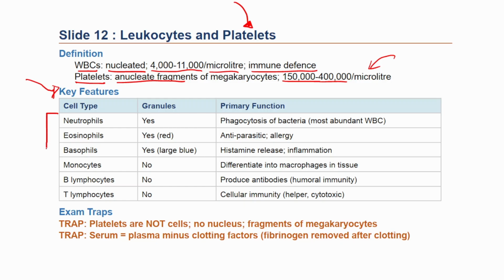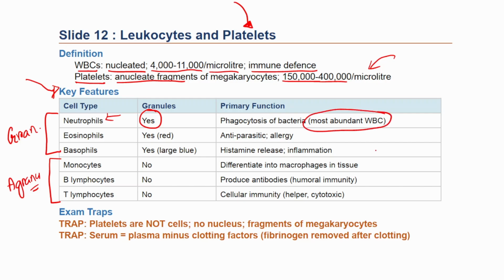Neutrophil, eosinophil, basophils, all of them are granulocytes, and monocytes and lymphocytes are agranulocytes. Starting with granulocytes, neutrophils possess prominent granules and function as the most abundant white blood cell, specializing in the phagocytosis of bacteria.